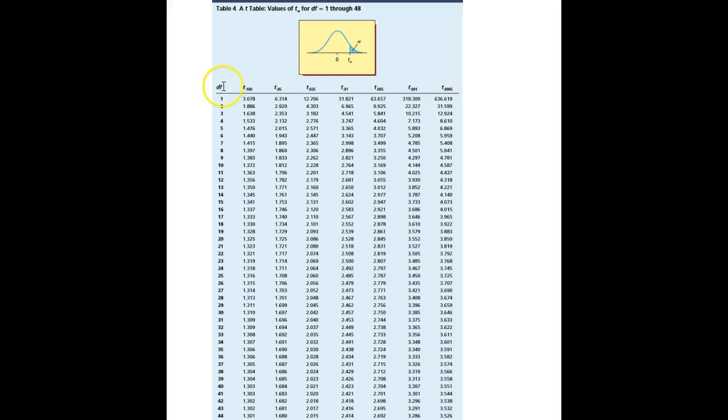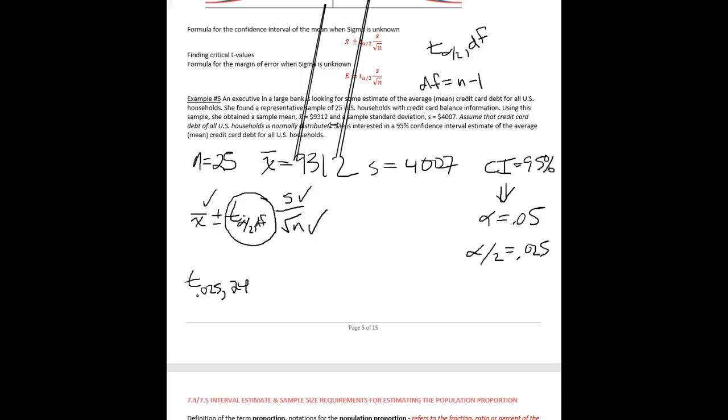And then we have to look for our degrees of freedom, which was 24. So we're at 24, third column, 2.064. Okay? So we hop on over to our sheet and say this is equal to 2.064.